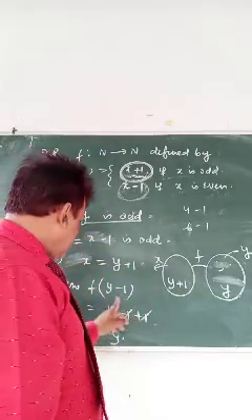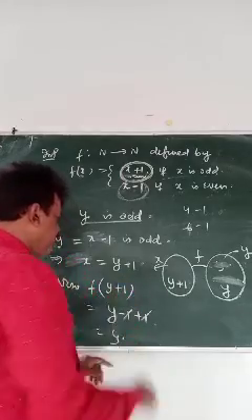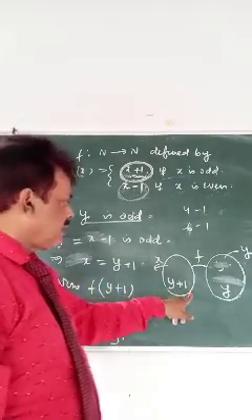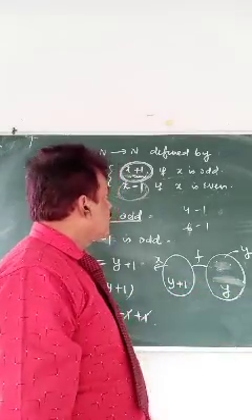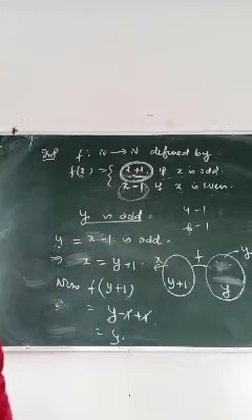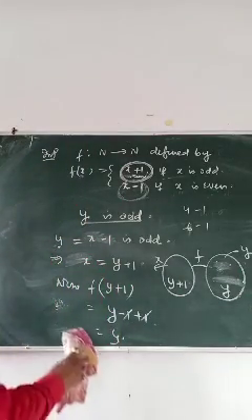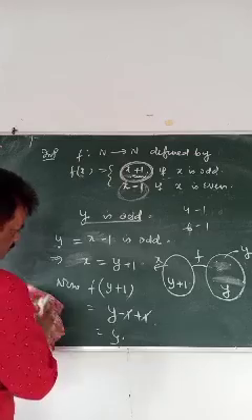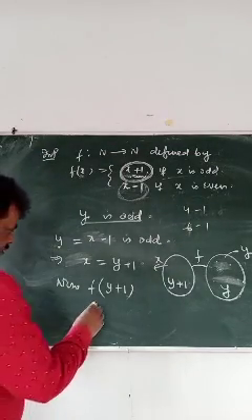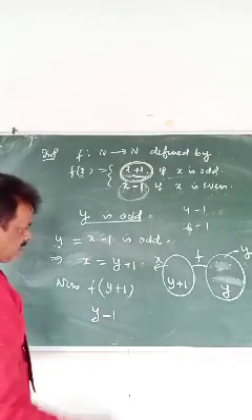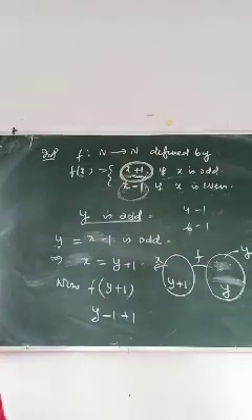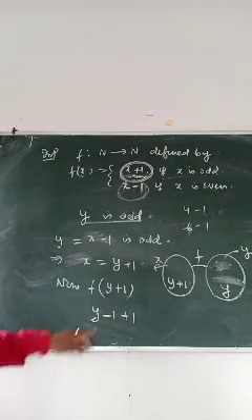Now that means f of y plus 1 should be carried to what? Y now. So what will be f of y plus 1? That will be y plus 1 minus 1, which is y.